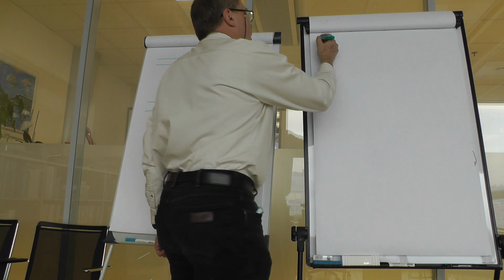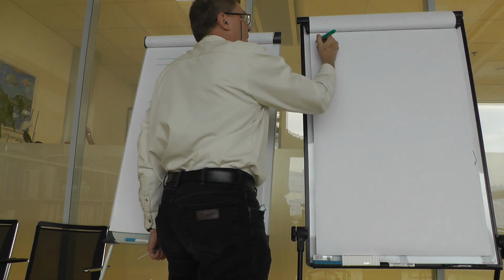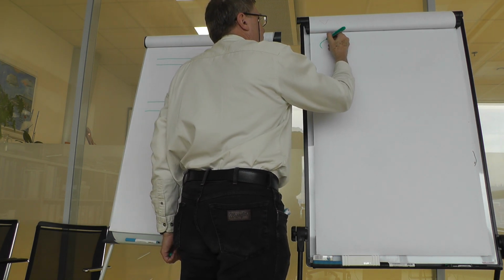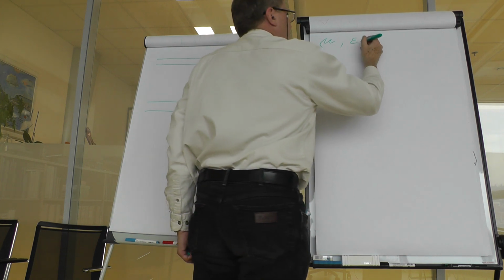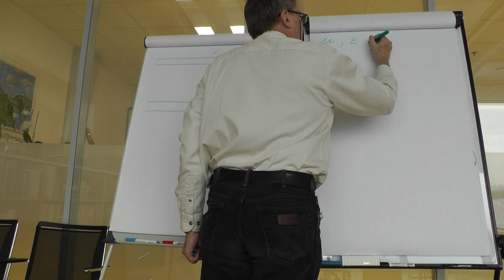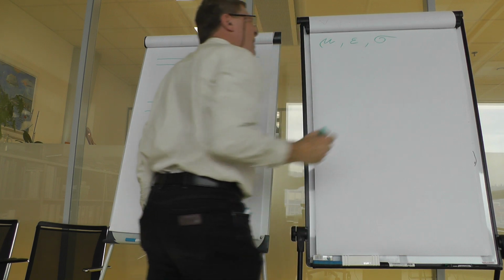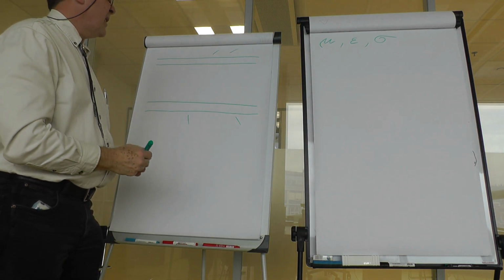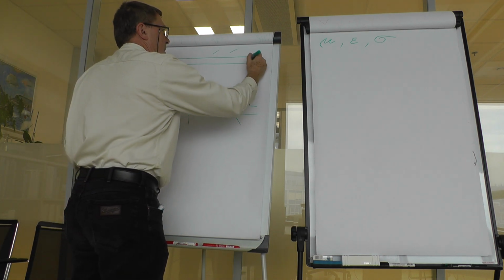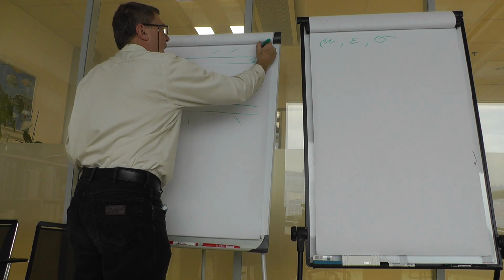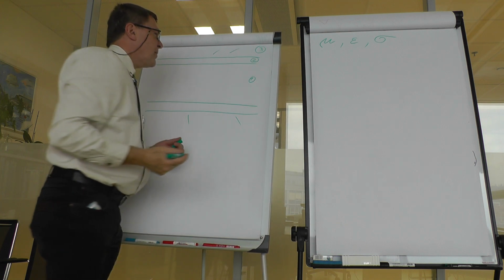Now, having the material, we will always have mu, permeability, permittivity, and conductivity for each of the materials. So let's mark them like material 1, material 2, and material 3.